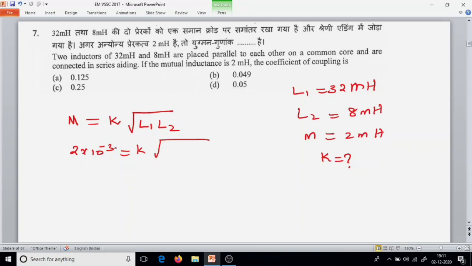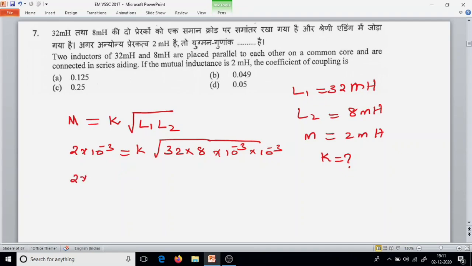Both sides millihenry is there, so you can take it off. 32 millihenry and the other one is 8 millihenry. 10 to the power minus 3, so minus 3 definitely comes out.